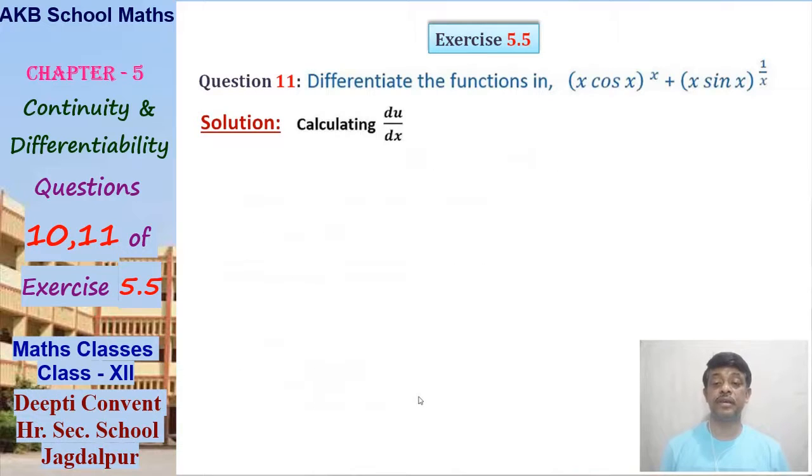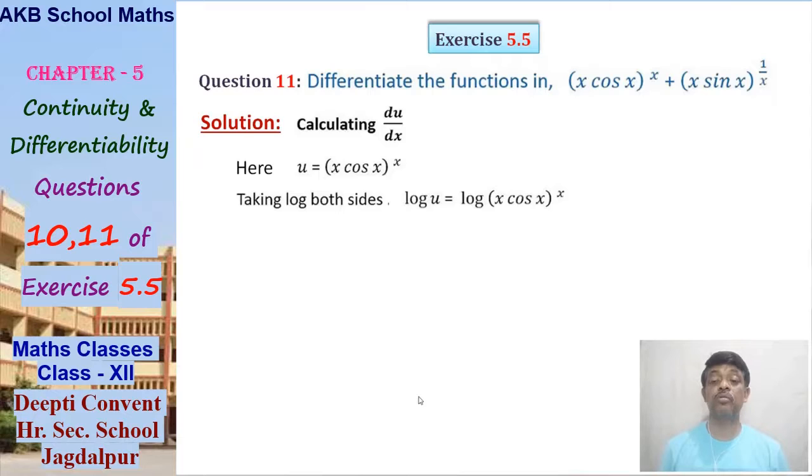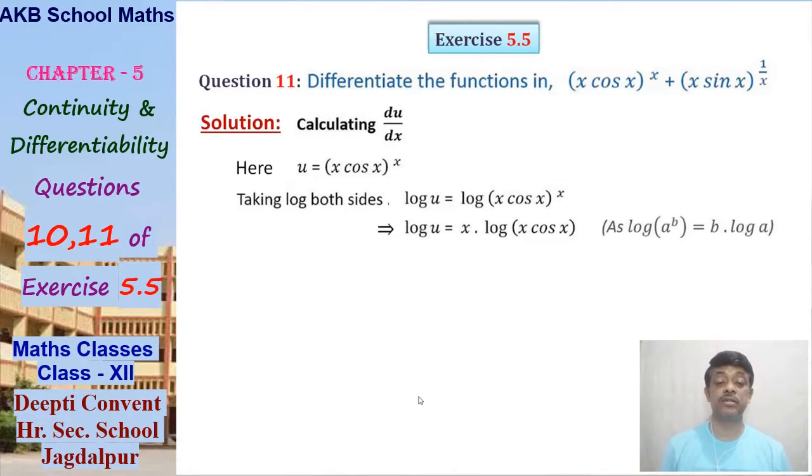Okay, here calculating du by dx. Clear? Here u equals to (x cos x) to the power x. Taking logarithm because of the power, log on both sides, log u equals to log of this, x before, log (x cos x), as per the formula log a to the power v equals to v log a. So this is logarithmic.